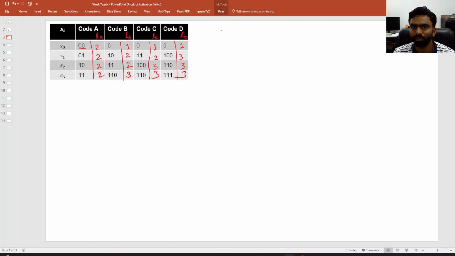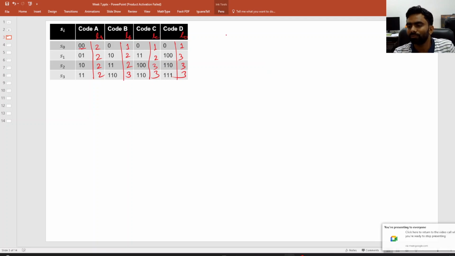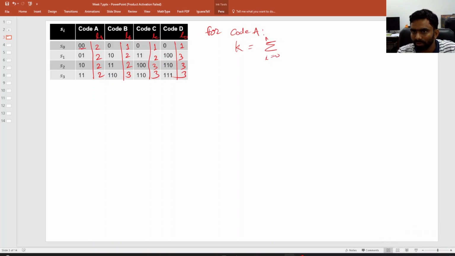For code A, we will calculate the Kraft inequality. Let K equal the sum over i equal to 0 to 3, since m is 4, of 2 raised to minus L of i.